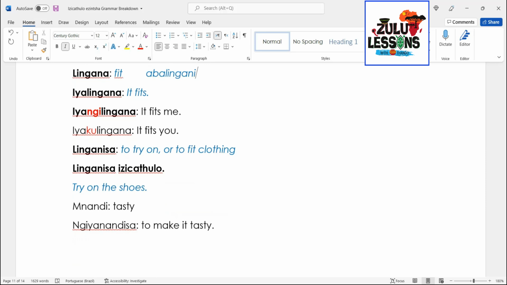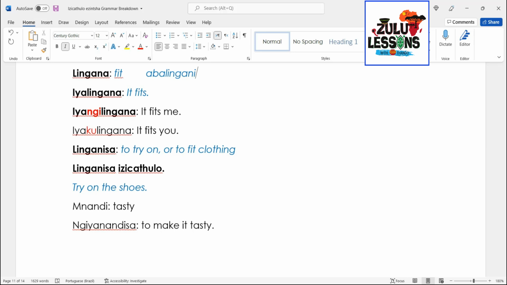So my parents and my husband's parents, to each other, they are abalingani. So my in-laws, to me, they are umamezala nobabezala. And then my parents, to my husband, are umkwe, as in the father-in-law, my father, and then umkwekazi, as in his mother-in-law, my mother.